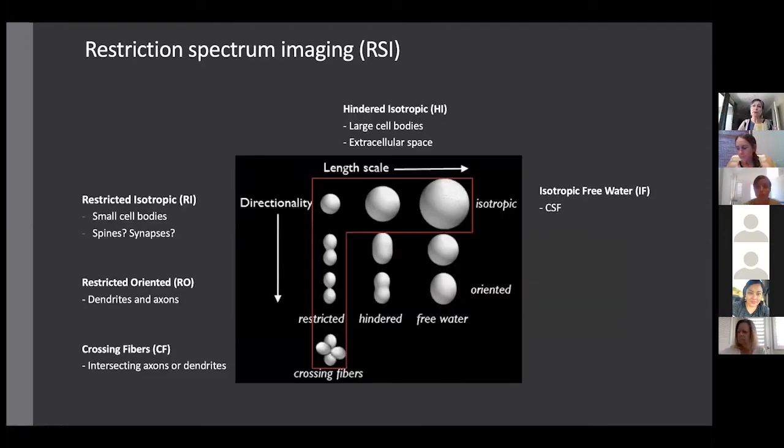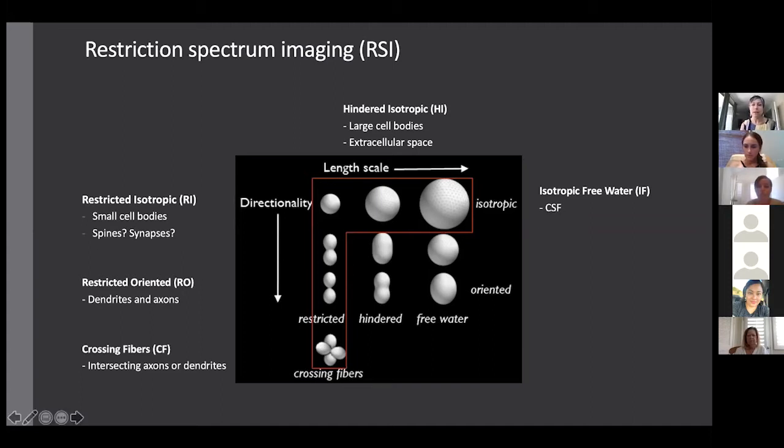So from this model, we are able to compute a whole range of different microstructural parameters that we have found useful in detecting signs of cognitive impairment or brain aging. And so I'll just briefly walk you through 5 of the measures that we found most useful.